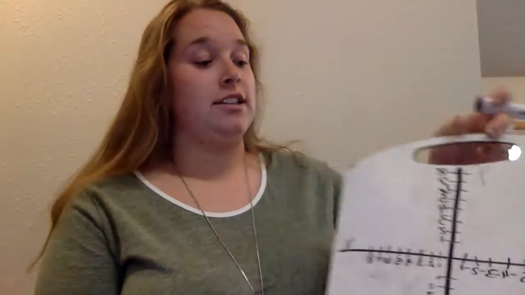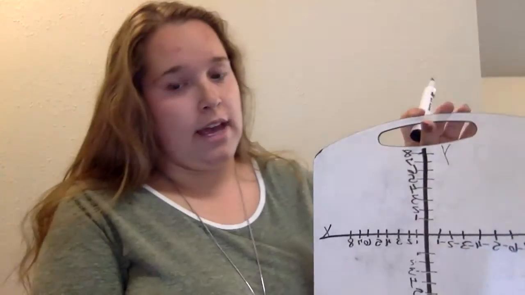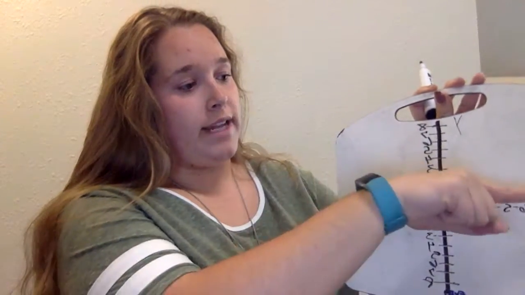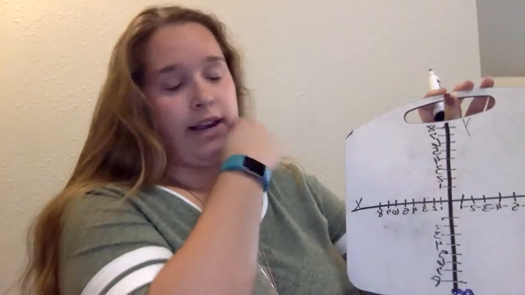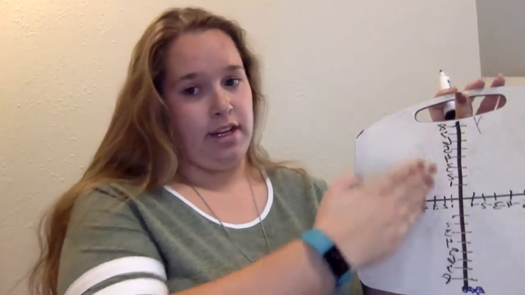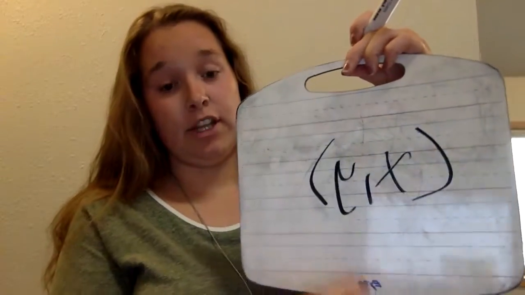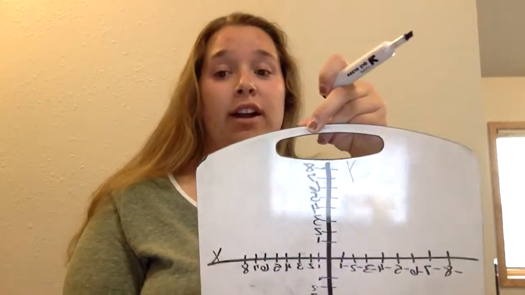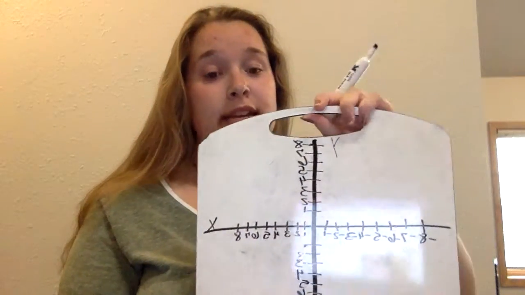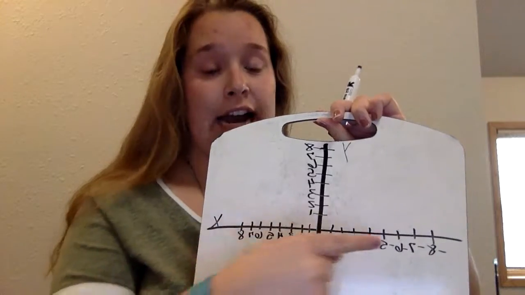Whenever you get an ordered pair, this is always going to be a left to right movement, and this is always going to be an up and down. When describing the distance in an ordered pair, the first number is always going to be the horizontal movement.